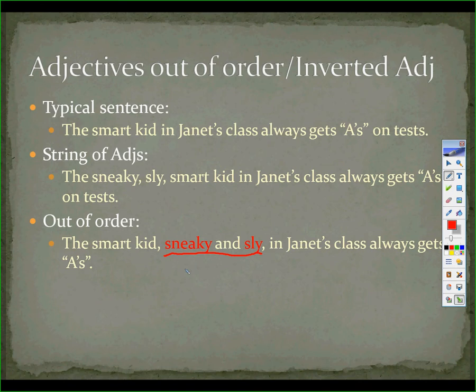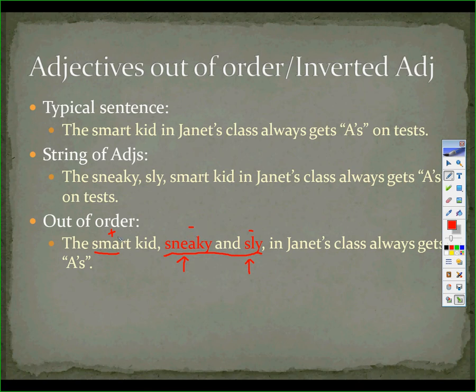So again, what happens here is the words are emphasized. Usually the words that have either negative or positive connotation are the ones that are going to be emphasized. In this case, smart has a positive connotation, but when you add two words with negative connotation after it, those are the ones that end up having the emphasis.